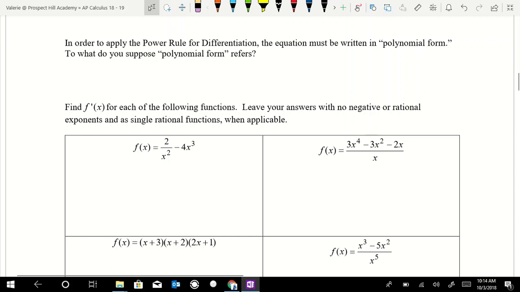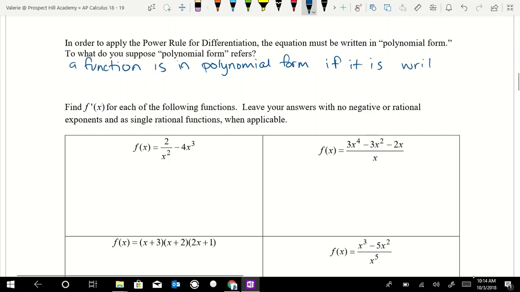Polynomial form means that a function is in polynomial form if it is written as a sum or difference of multiple monomials.